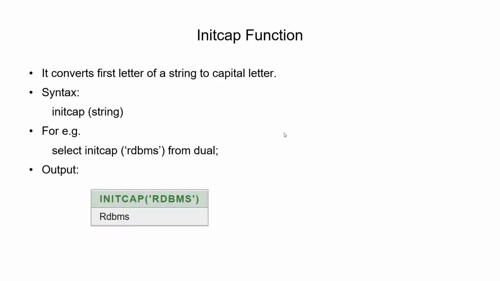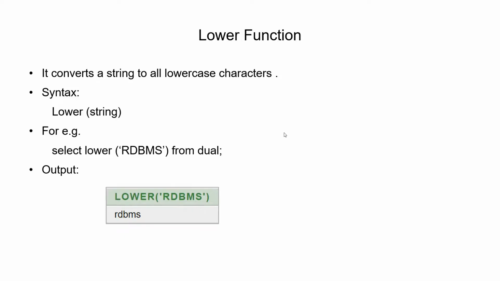So for example, select initcap('rdbms') from dual. So see, we have used the dual table because rdbms is the user given value. There is no table present. So we are using the dual table as a dummy for all the string functions. So for this, the output will be the first letter capital, means the R will be capital and the remaining will be as it is.